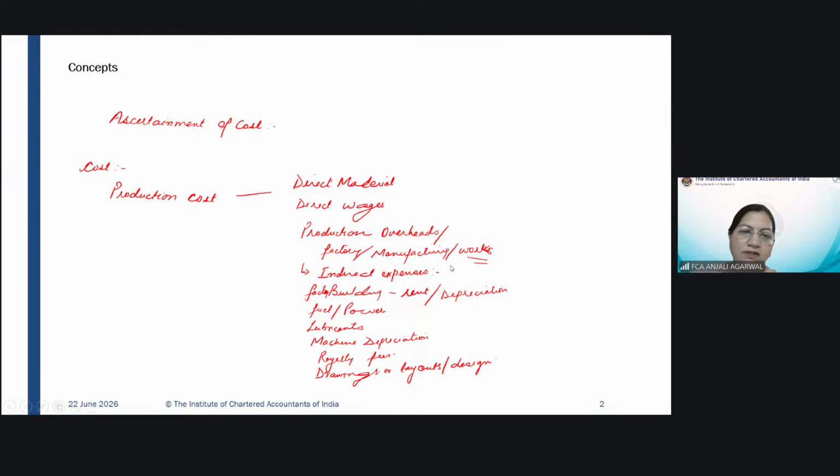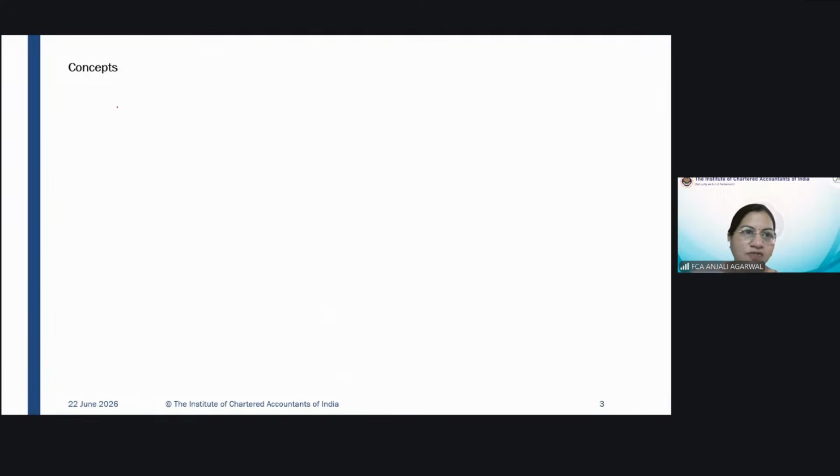Then there are office and general overheads, or office and administration overheads. What would they be? The office building which is used, it may be depreciation on that.